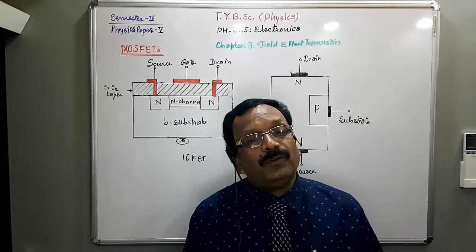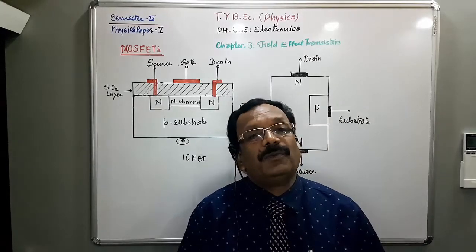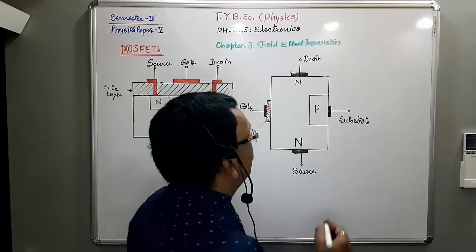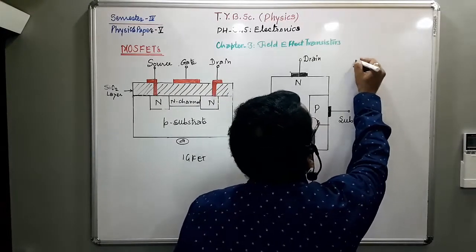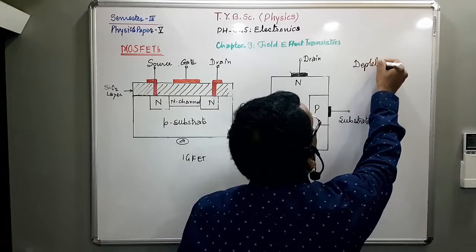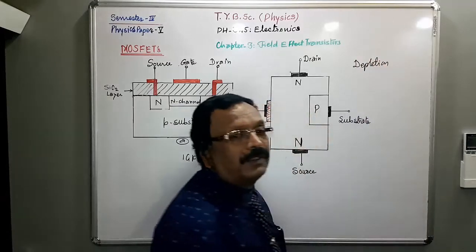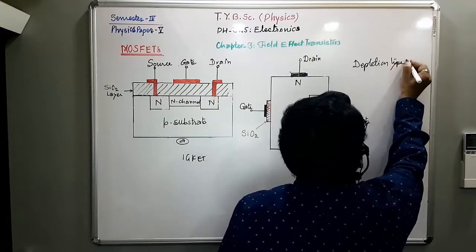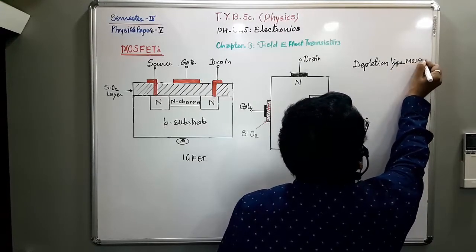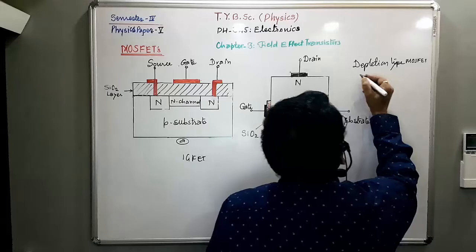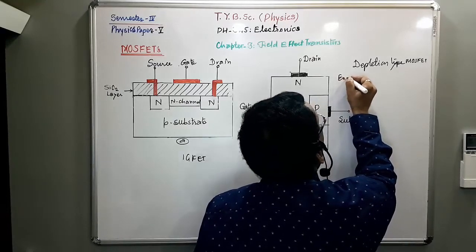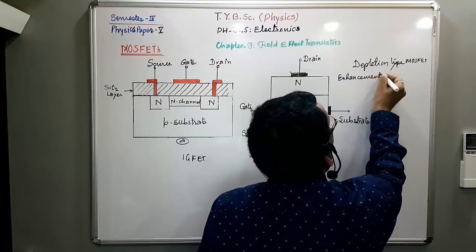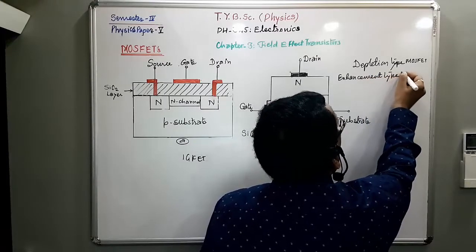Okay. Now we are going to see types of MOSFET. Basically there are two types of MOSFET. One is depletion type MOSFET, and another is enhancement type MOSFET.